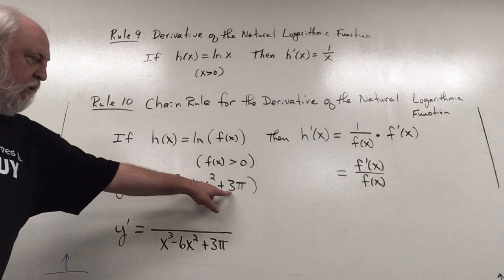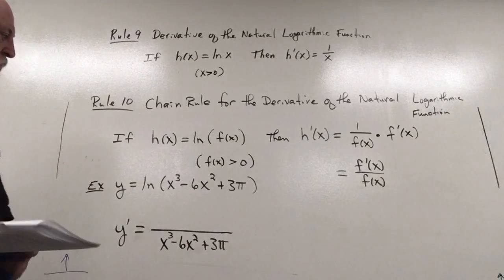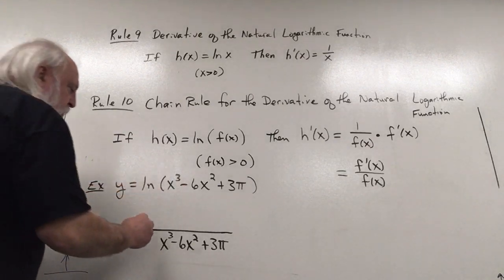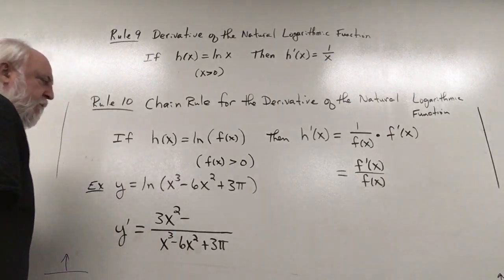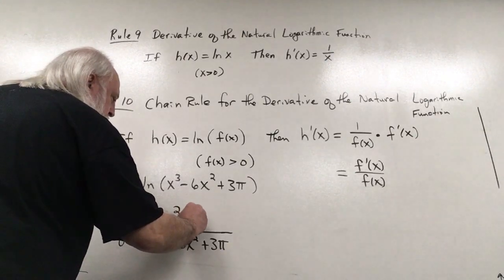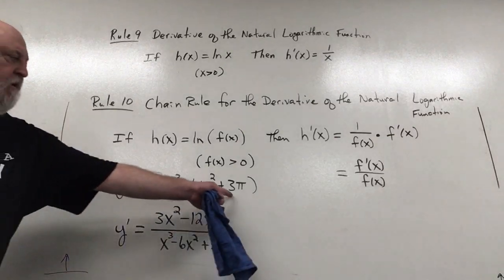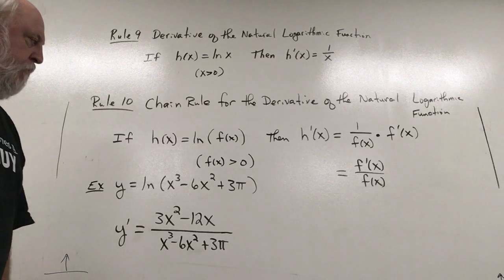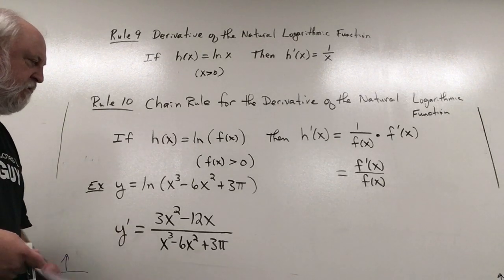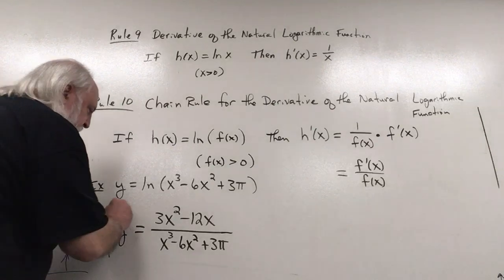And so it's 3 terms, so we differentiate term by term. The derivative of x cubed is 3x squared. The derivative of minus 6x squared is minus 12x. And the derivative of 3 times pi, which is just a constant, around 10, is equal to 0. And so this is the answer.